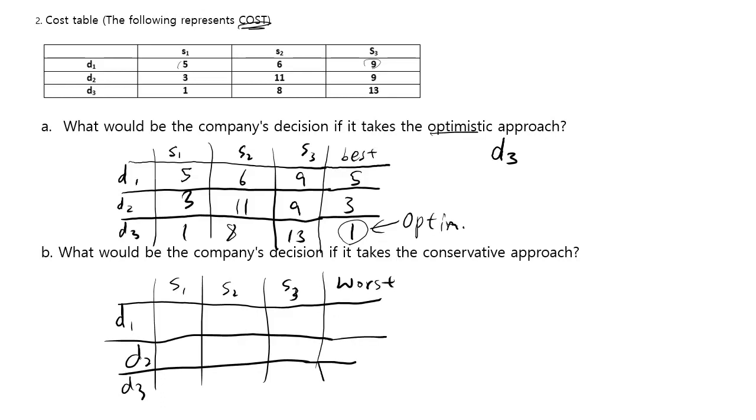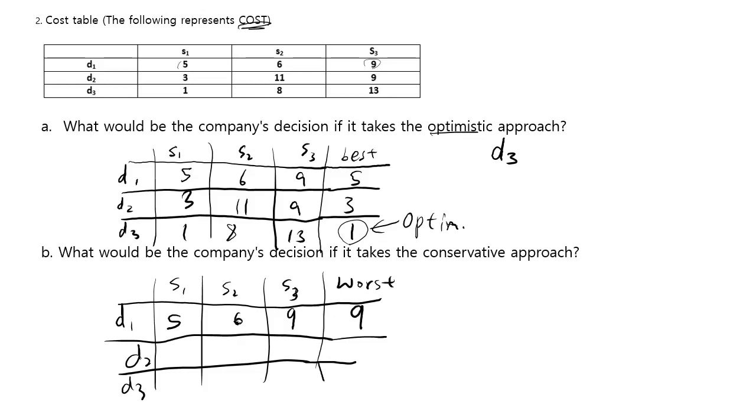So first, decision 1, it's 5, 6, 9. The worst case scenario is when you have to pay the most. If it helps you, think about millions of dollars. So paying $9 million sounds much worse than paying $5 million. So 9 is the worst of these 3.